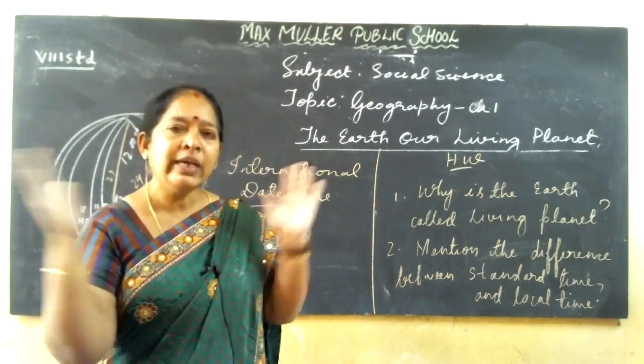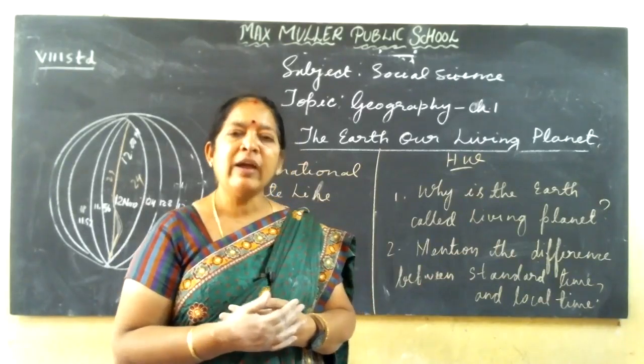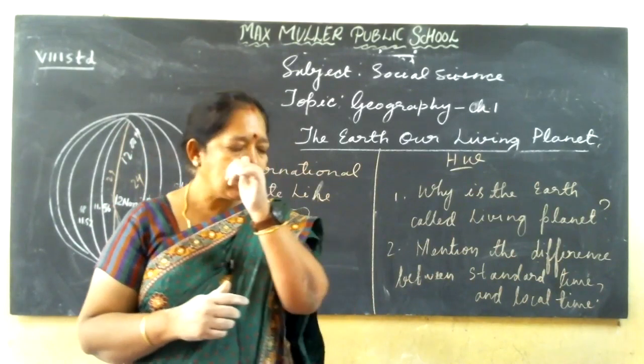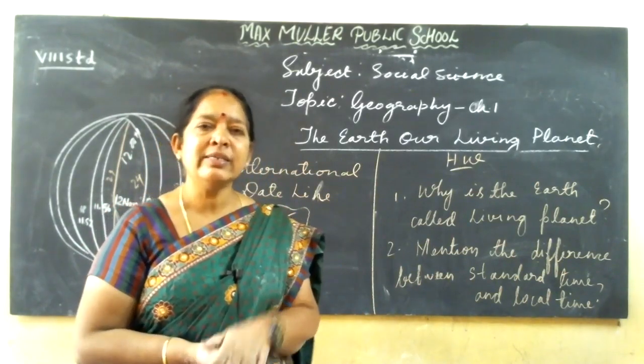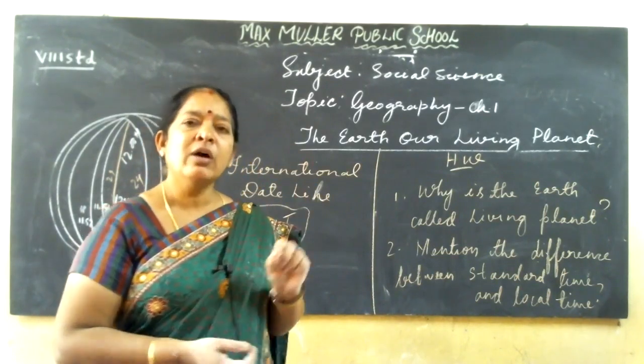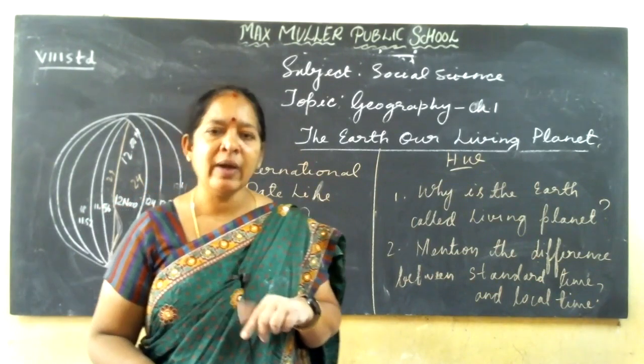Each country will have its own standard time, and places will also have their local timings. The standard time of India is based on 82.5 degrees east longitude, which is the mid longitude of India.